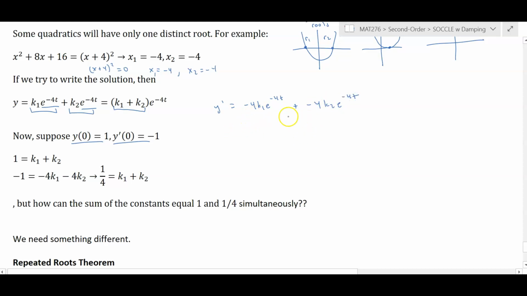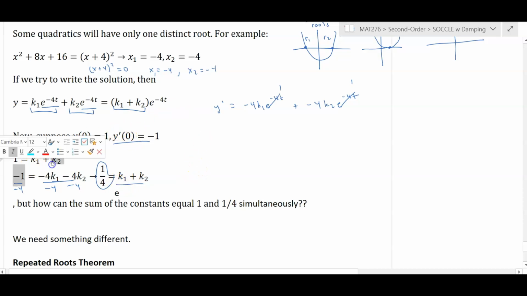And so you again plug in 0 for t, and that just becomes a 1. And so we get negative 4k1 minus 4k2. But here's the thing. If you divide both sides by negative 4, you get 1/4 on the left, and then you just get k1 plus k2 on the right.